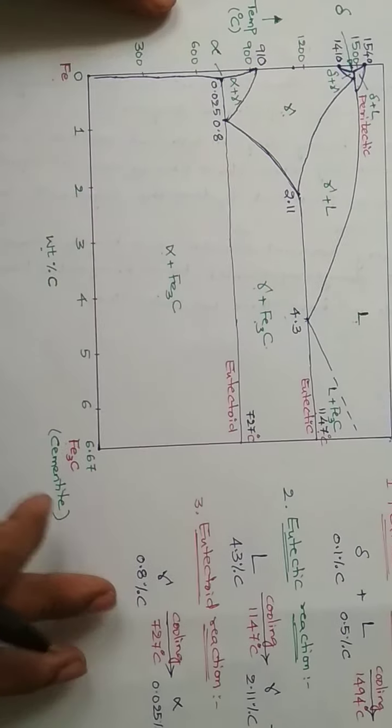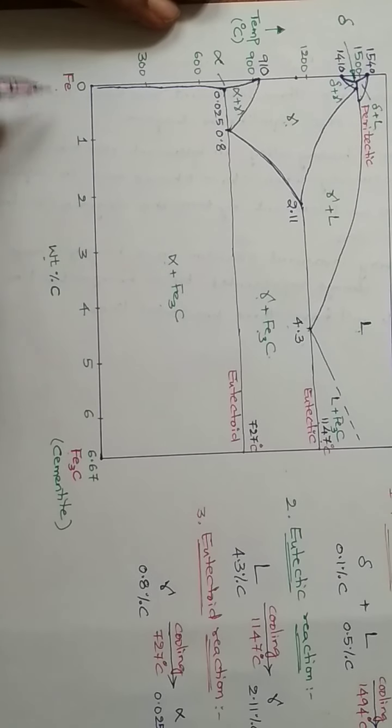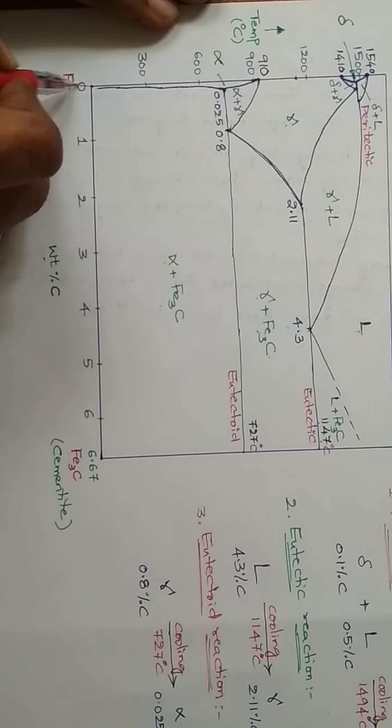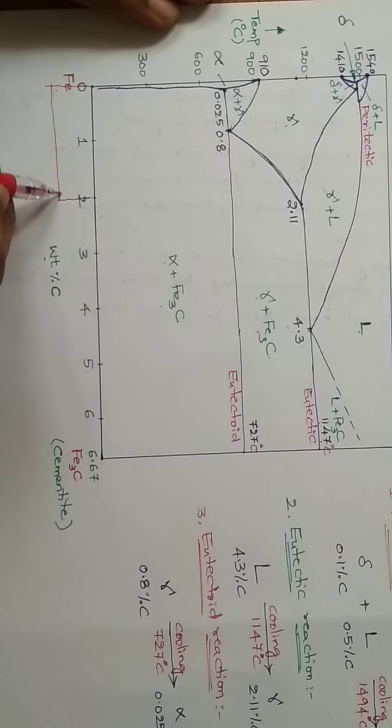Okay, now steels. So we can differentiate steels and cast irons from the iron carbon diagram. So basically steels are alloys of iron and carbon in which the percentage of carbon is up to 2%.